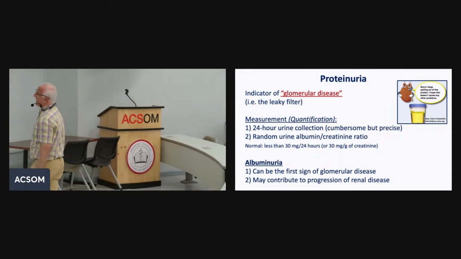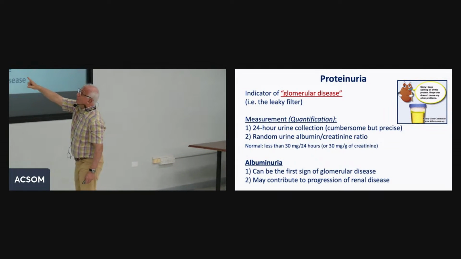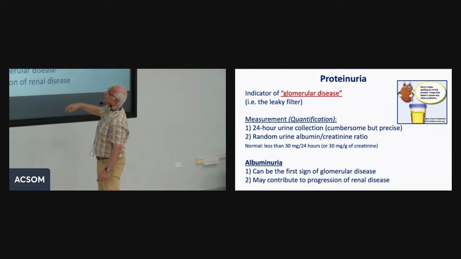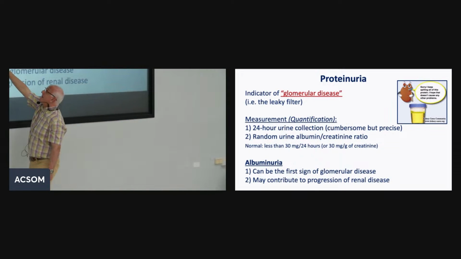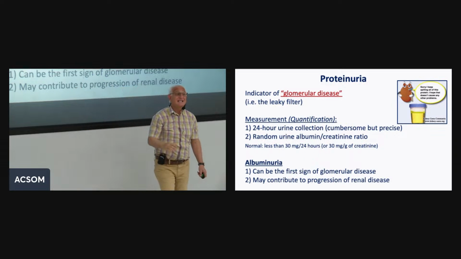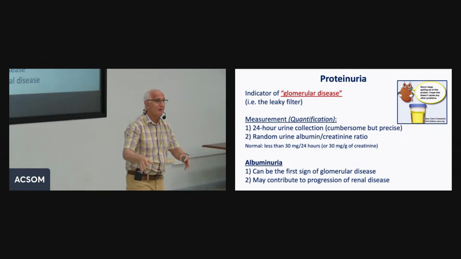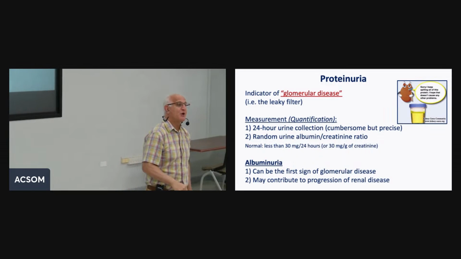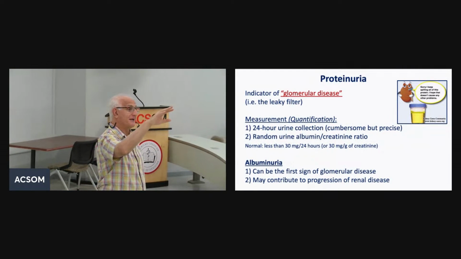Measurement is either 24-hour urine, which is cumbersome but very precise, or you do random urine albumin to random creatinine ratio. The normal is, this needs to be memorized, 30 milligrams per 24 hours. This is the maximum. You see, today I am moving around. If I check my urine albumin in the afternoon, it is probably close to 30.